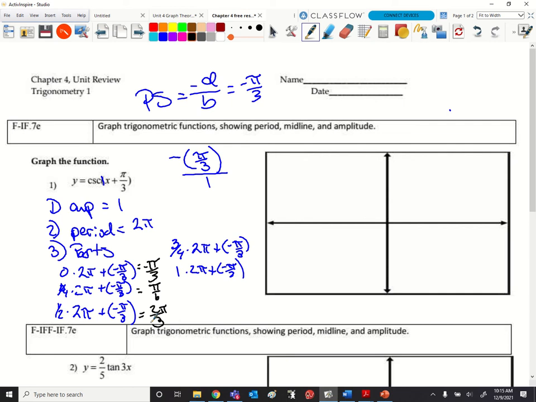Five pi over 6? No. What'd you get? You're still working on it? Those calculators are very handy.